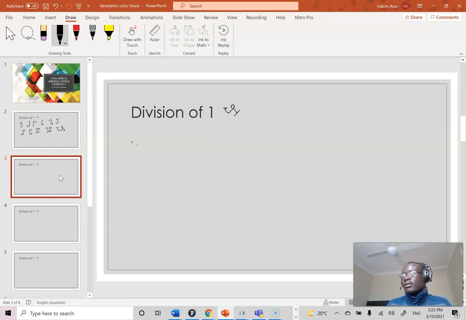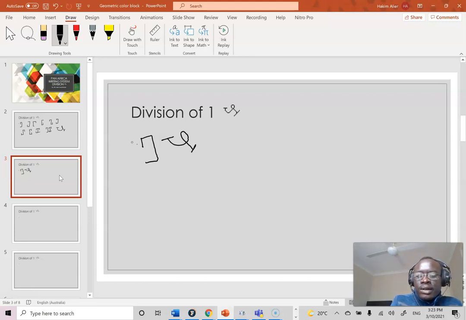So we're just going to start with the division of the multiples of 1. Anything that is divided by 1 will always equal that number that you divided first. So we'll start with 1. So 1 is this way, and we say divide, which is like this.